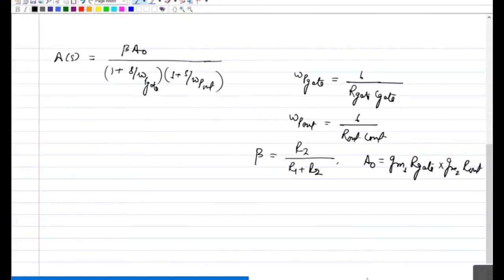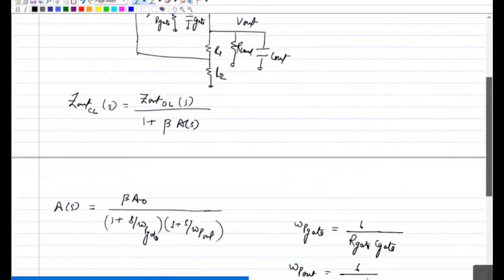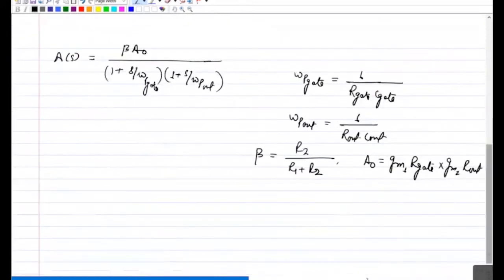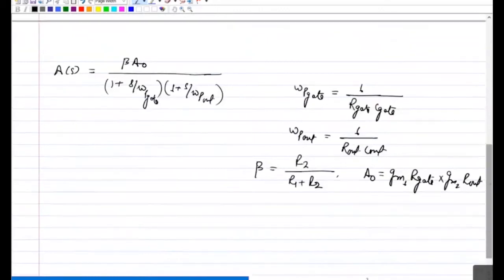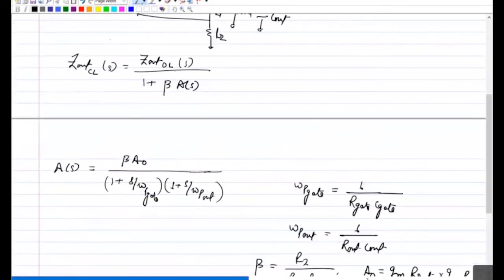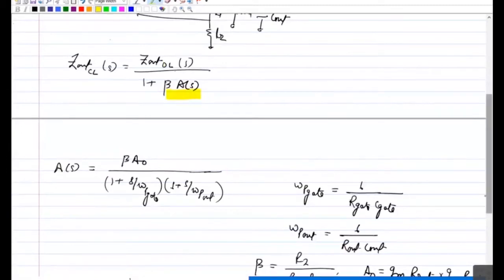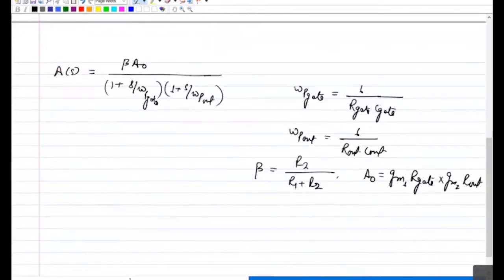So instead of writing in detail in terms of gm and R, we'll just refer to omega P gate and omega P out so that your expression looks cleaner. So now we'll substitute your A of S here, and Z out is already known, which is R out. So let me write Z out as well.